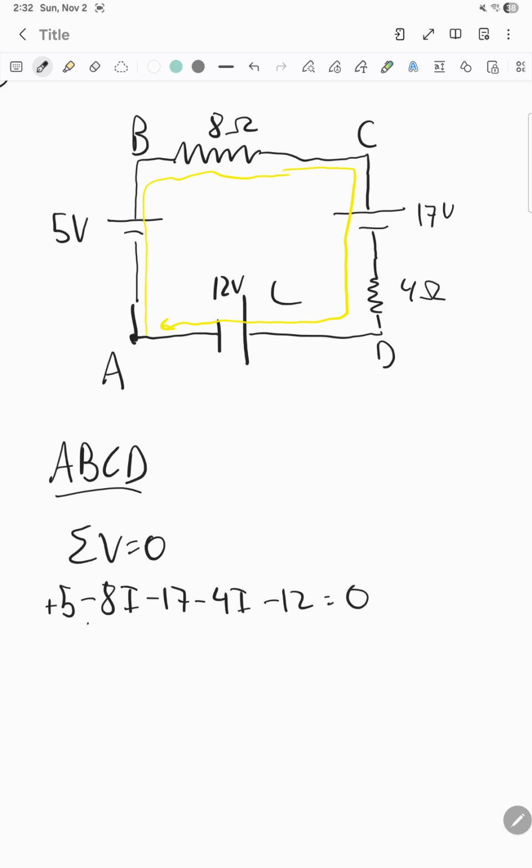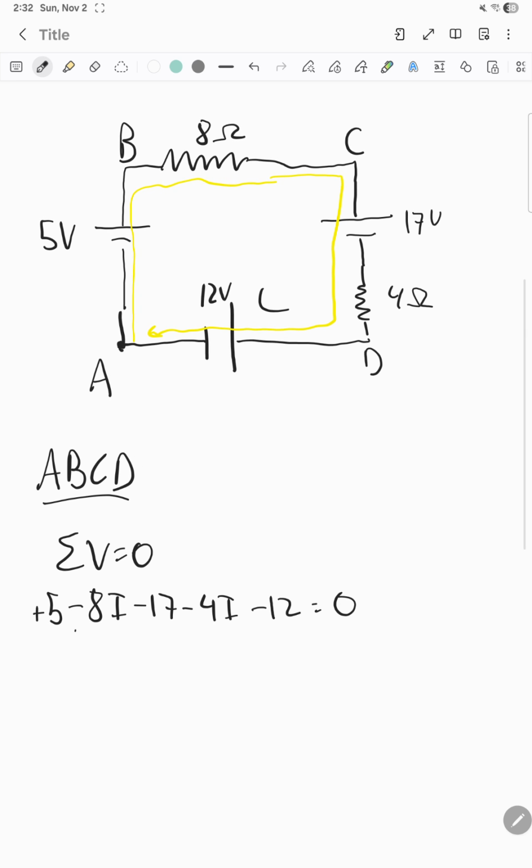So when you do this, minus 8 minus 4, we have negative 12, so you have 5 minus 12I, minus 17 and minus 12 is equal to 0.